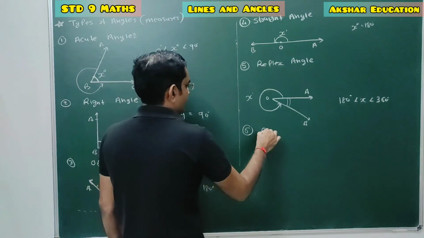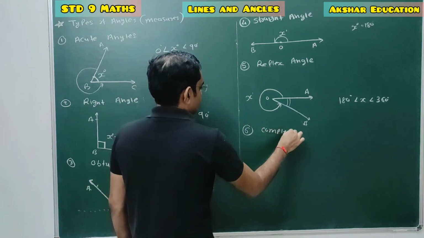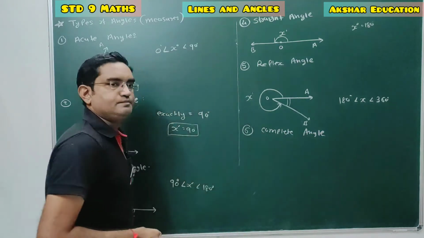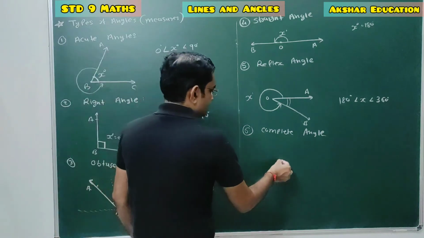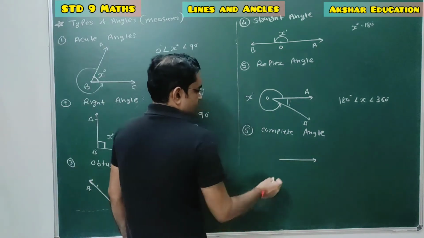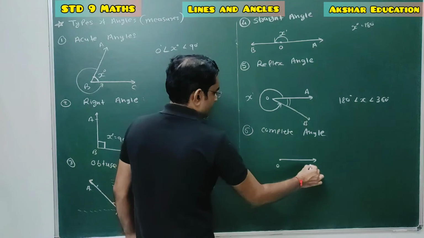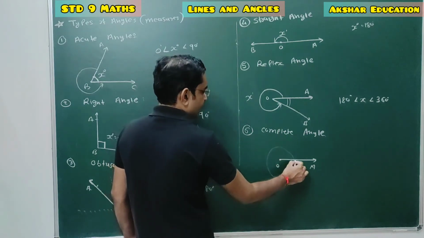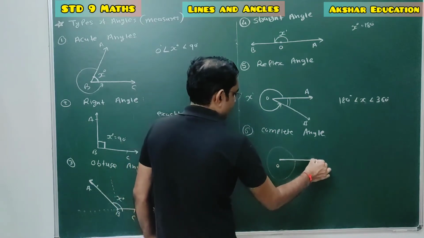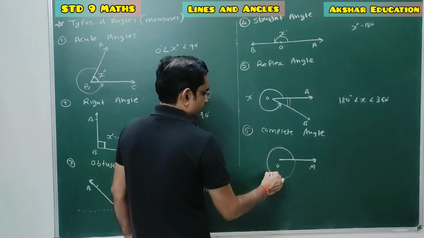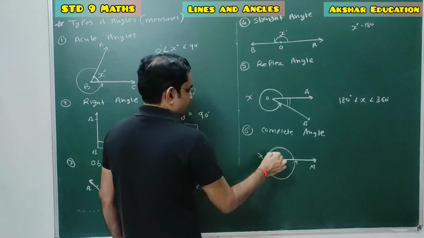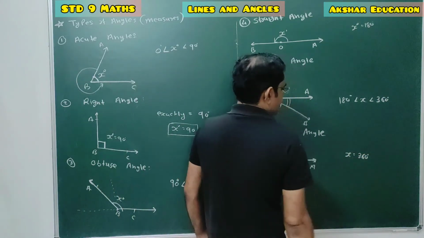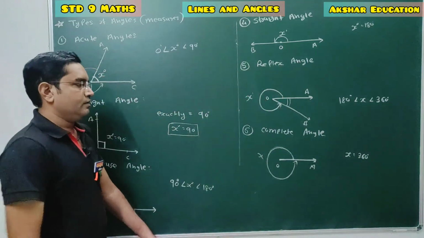The 6th angle is known as a complete angle. Complete angle. So what is a complete angle? Here we are considering two rays. Suppose this is the initial ray OA, and another ray, while making the angle, goes all the way around and comes back here and comes back on top of it. So a complete revolution is there, right. So the measure of this angle x is exactly 360 degrees.